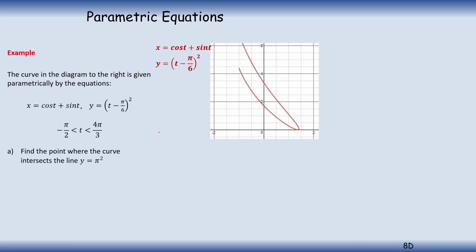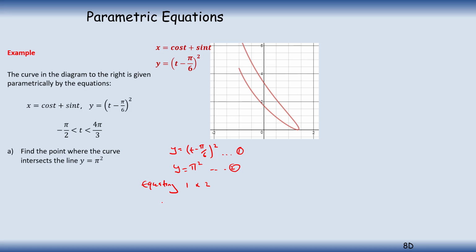Right, so we've got y is equal to t minus pi by 6 squared. That's one equation. And we've got y equals pi squared. So you can equate 1 and 2 to help us solve for t.